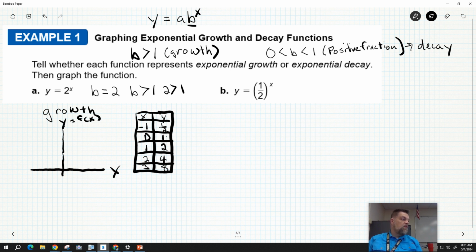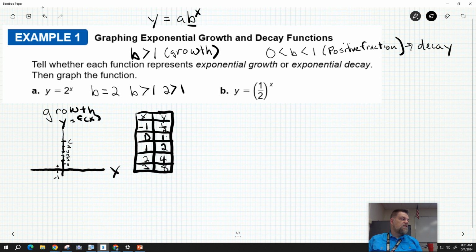I'm going to go -1, 1/2, right? Because this is -1, and this is +1, and this is 2, and this is 3, and this is 4, 5. Whoops. Wrote 4 twice.